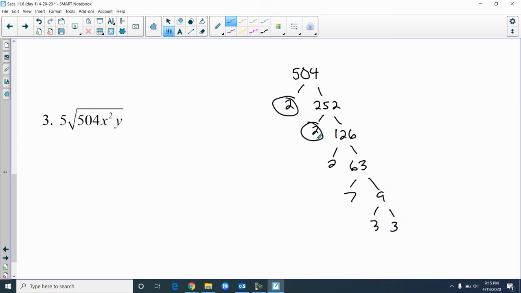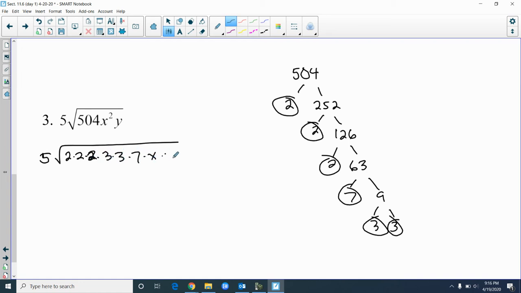So I get 1, 2, 3 2s, 2 3s, and a 7. Don't forget about this 5 on the outside. 3 2s, 2 3s, a 7. All right, x squared is x times x, and then y is just y. Let's see how many buddies I have. Pair of 2s, pair of 3s, pair of x's.